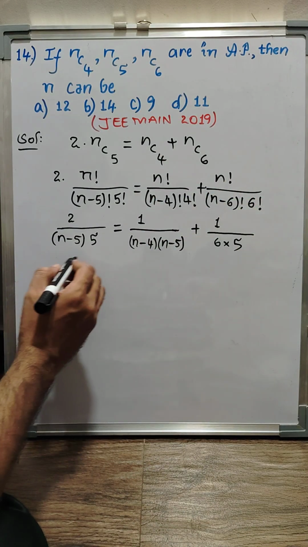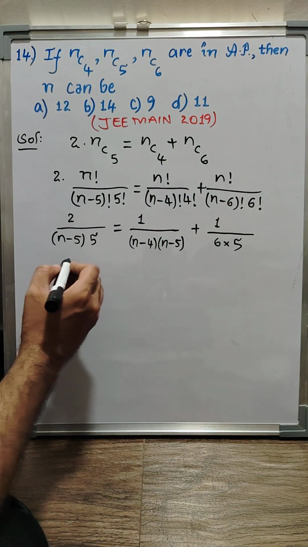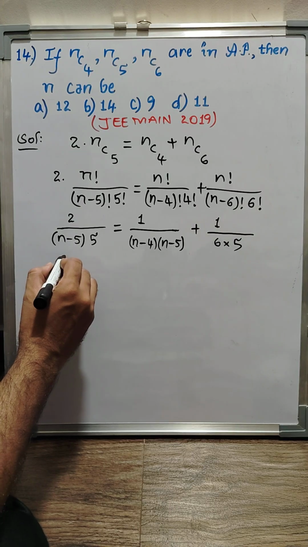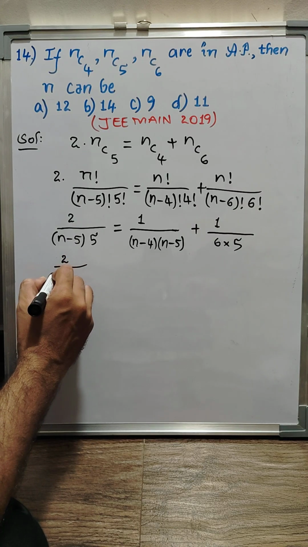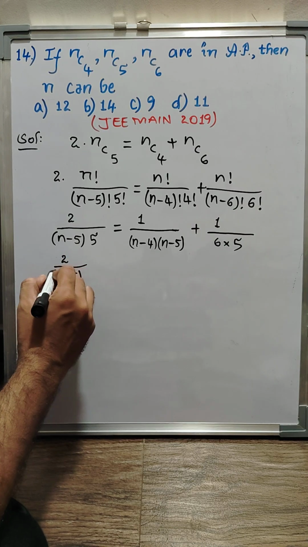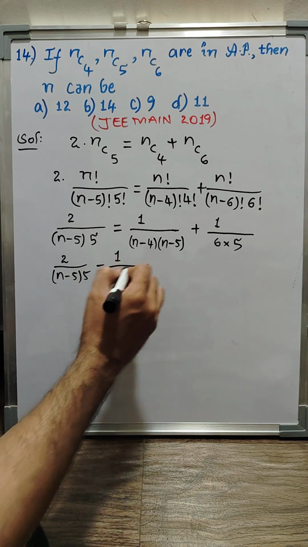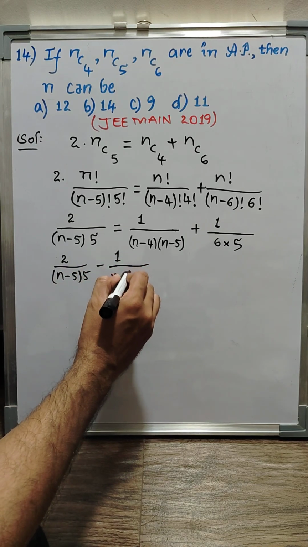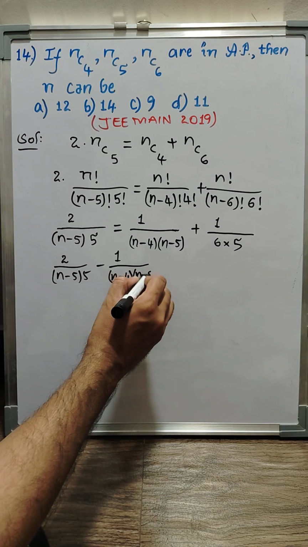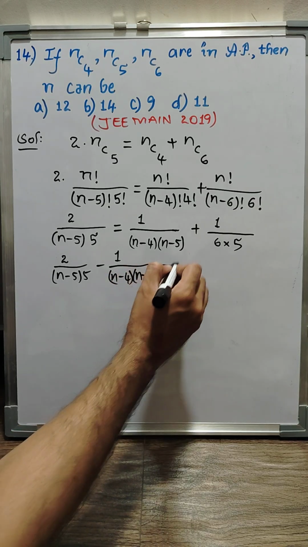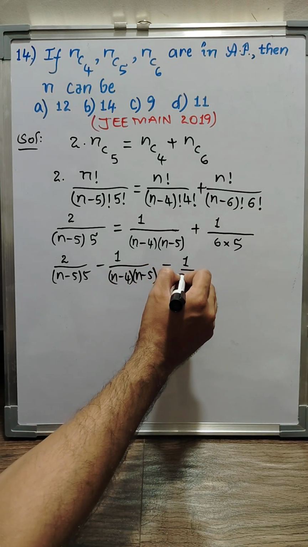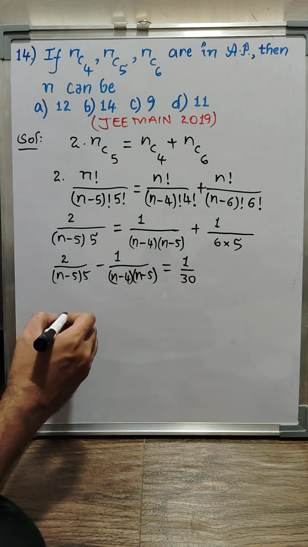So finally we can get here 2 by (n minus 5) into 5 minus 1 by (n minus 4) into (n minus 5) is equal to 1 by 30. You can take it as common.